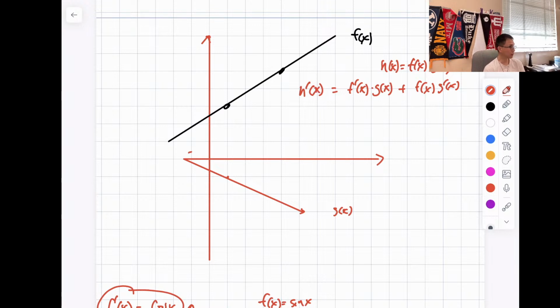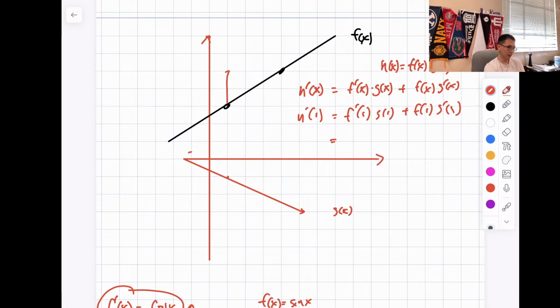If I want to find out h prime of 1, what will happen? That means f prime of 1 times g of 1 plus f of 1 times g prime of 1. Is that okay so far? So what is f prime of 1? The slope of 2/3. Do you know why he came up with 2/3? f prime of 1 means the slope at x equal to 1 for the f function.